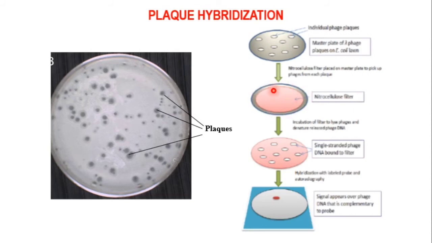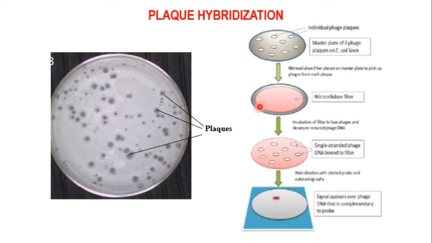We'll treat this nitrocellulose membrane with NaOH and protease, and we'll bake it at 80 degrees Celsius. At that time NaOH will break the phage covering and denature the double stranded DNA present in the phage, converting it into single stranded DNA.